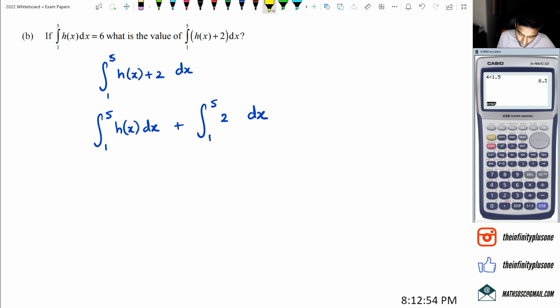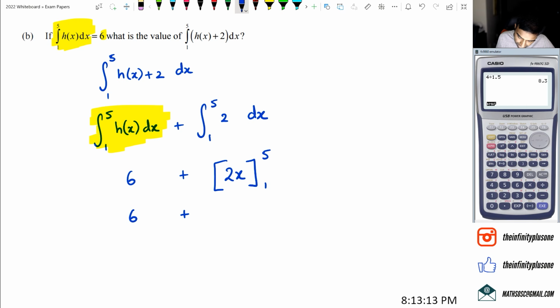And we already know what this first part is, because it's worth 6. So we're going to replace this with 6 plus the integral of 2, which is 2x, between 5 and 1. So we're going to get 6 plus 2 times 5 minus 2 times 1. So we get 6 plus 10 minus 2, which gives us 14.